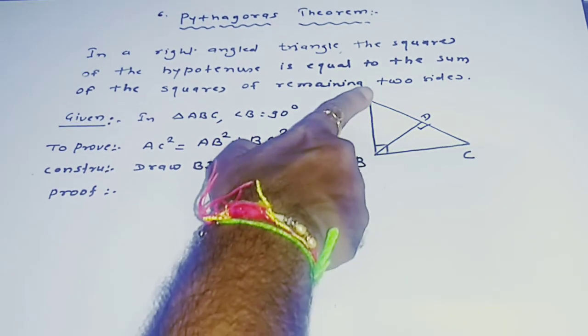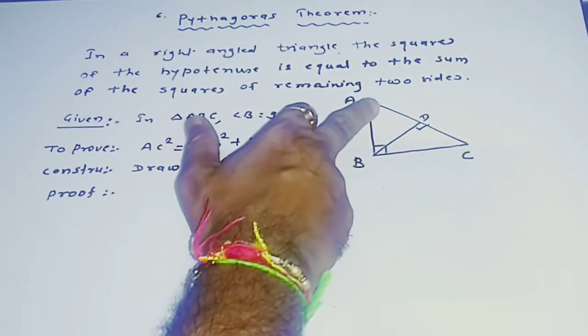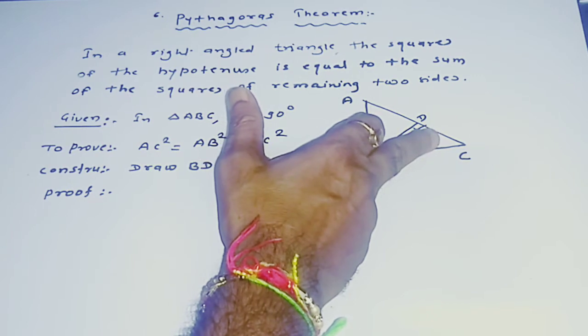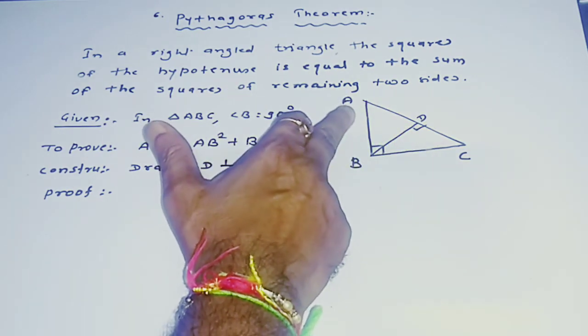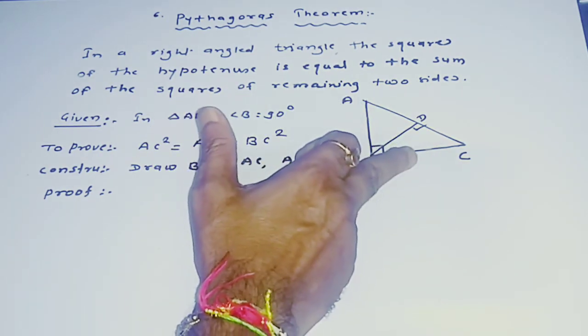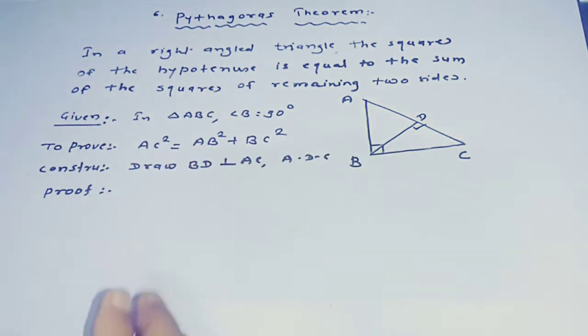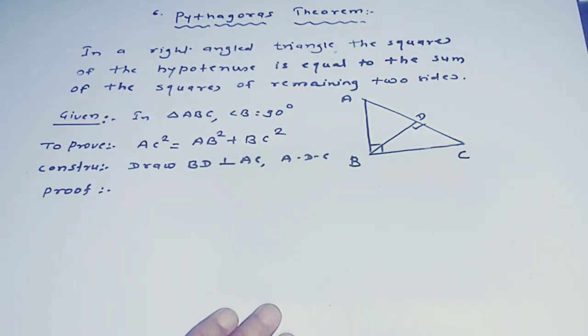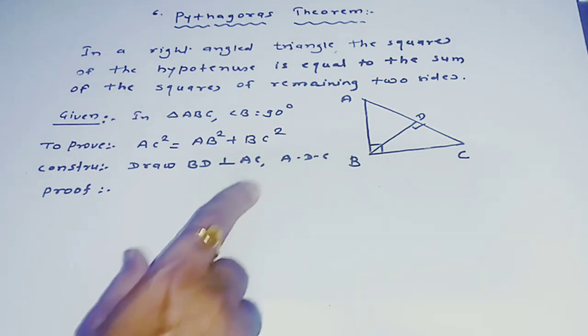Then the square of the hypotenuse, that is AC square, is equal to AB square plus BC square. In a right angle triangle, the square of the hypotenuse is equal to the sum of the squares of the remaining two sides.